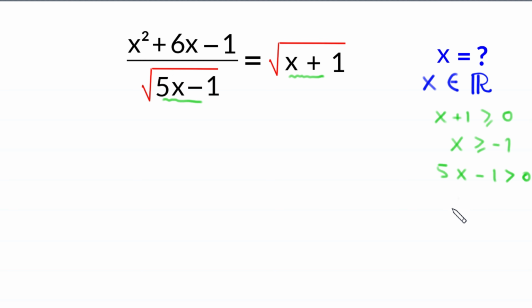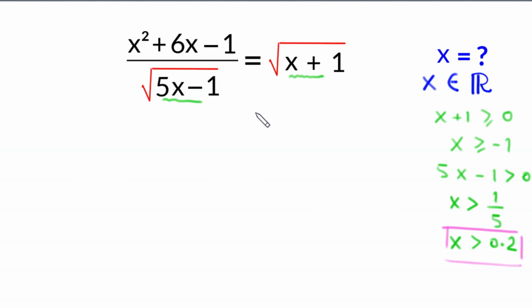This implies that x must be greater than 1 over 5. It means that x must be greater than 0.2. It means that valid solutions for this equation must be greater than 0.2.